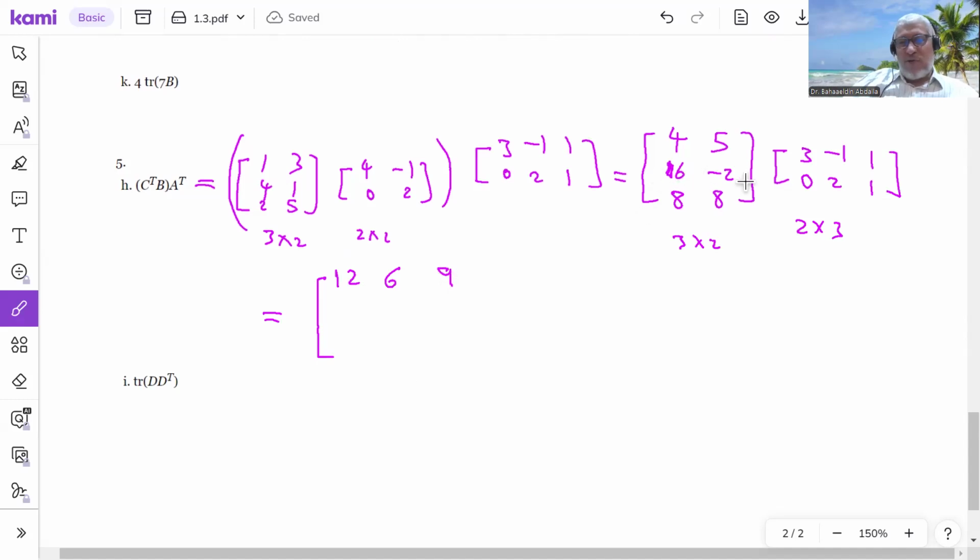Now go to the second row, 16 times 3. 16 times negative 1, negative 16 minus 4. 16 minus 2. The last row, 24. Negative 8 plus 16. 8 plus 8. So this is the answer.